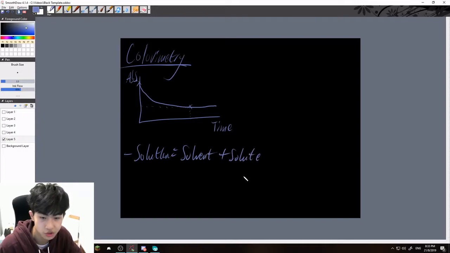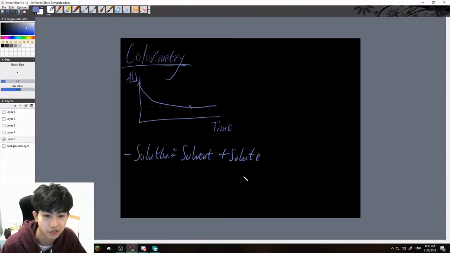The solute is what you add to the solvent that comes together to make a solution, and it's what you usually look at when deducing colorimetry, because it's normally our colored substance that combines with our solvent to create something more transparent, marking the end of it being opaque and instead giving us a clear solution.